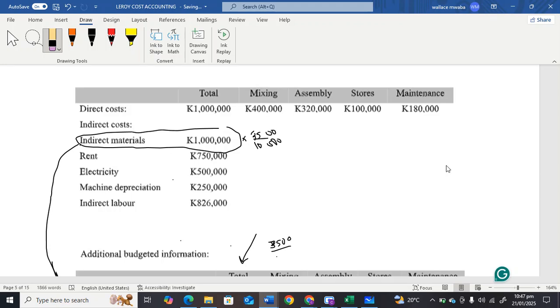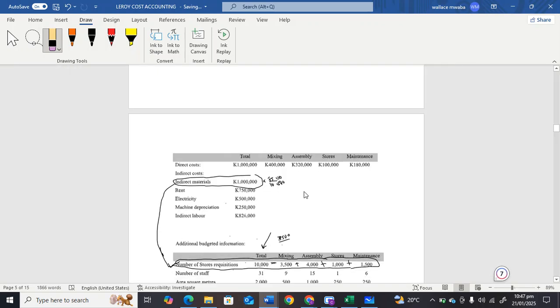Let's see if I can transfer this to the board. It might be easier. Drawing this here is a bit tricky.